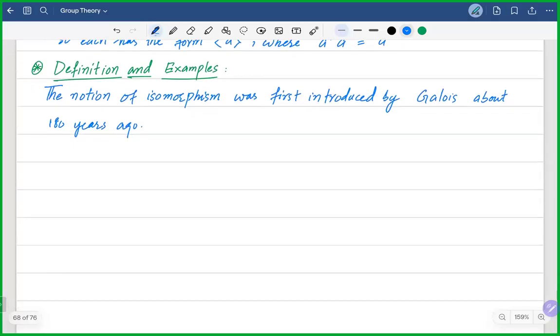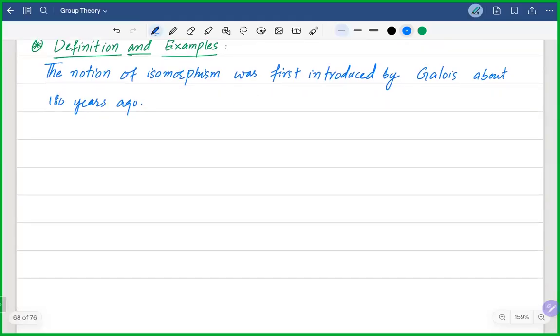And the term isomorphism is derived from the Greek word isos, meaning the same or equal, and morph, meaning form.